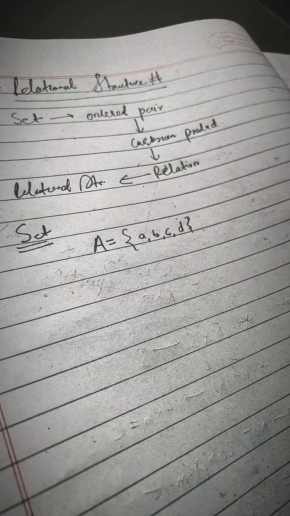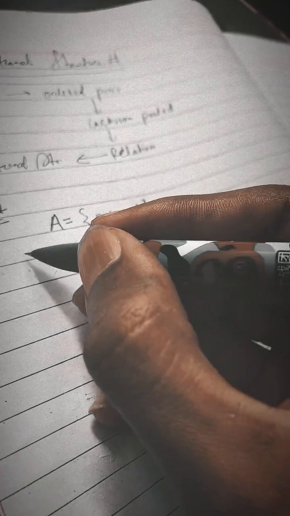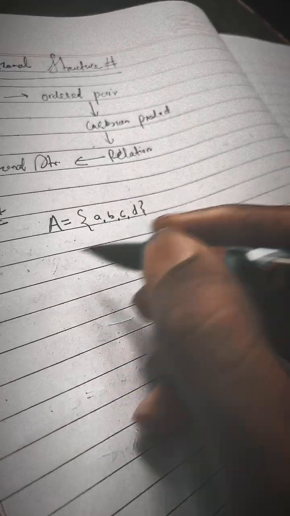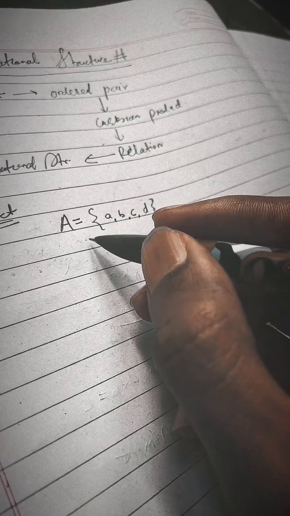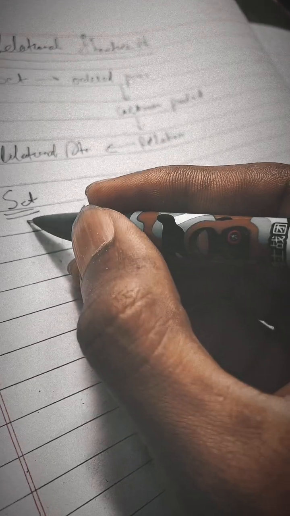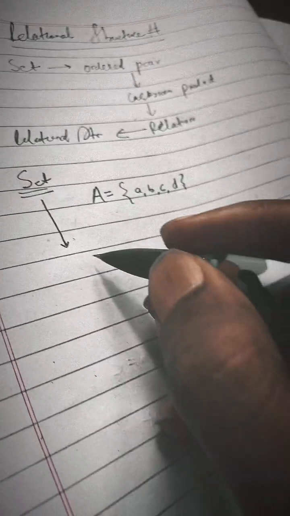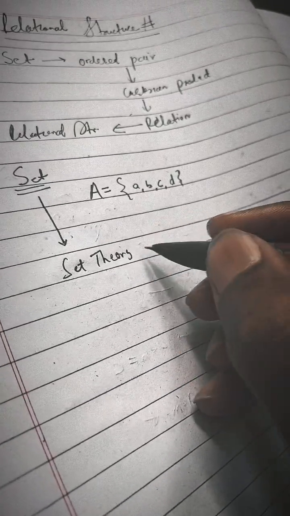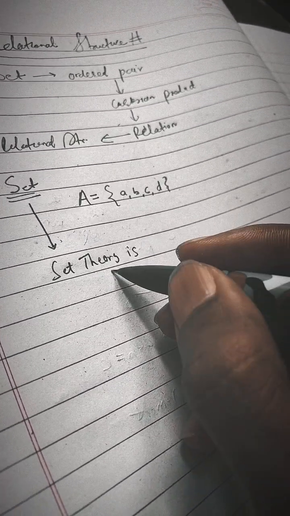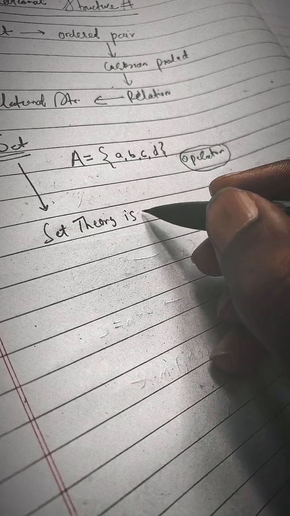Now, a set has some operations; we can define some operations. But before going into operation, let me say one very important thing: set theory. After saying this, we will talk about operation. Let me circle it here so that I do not forget.